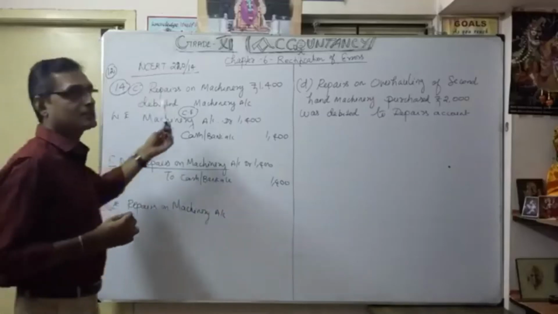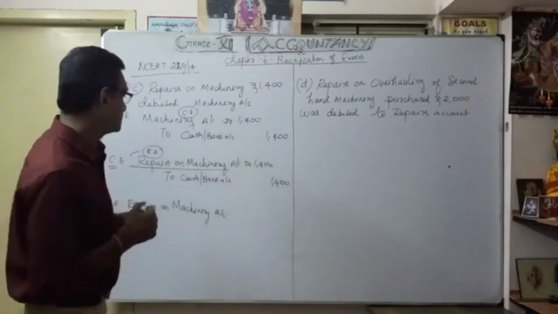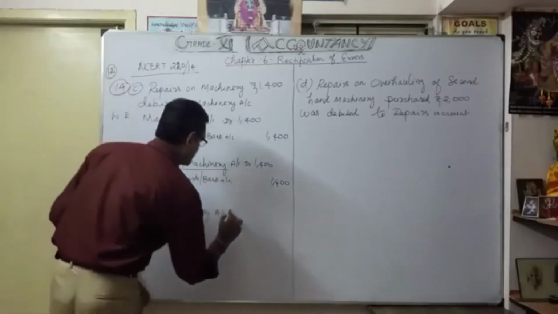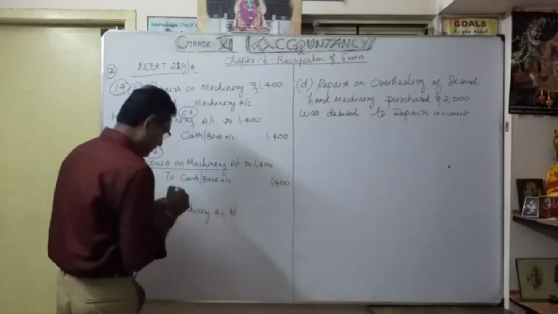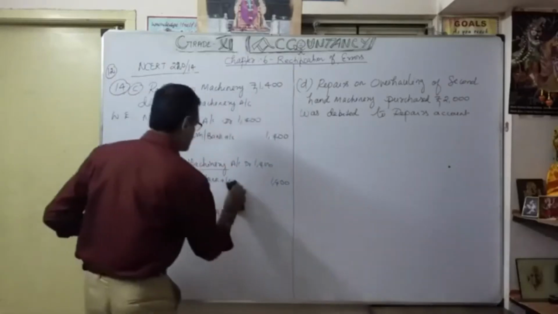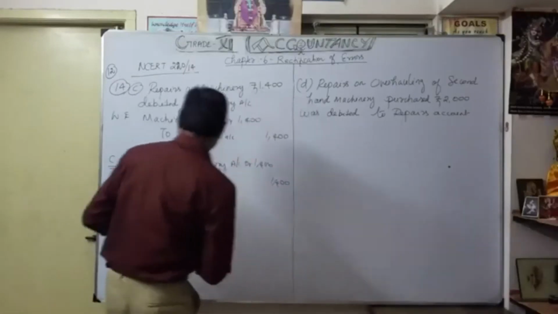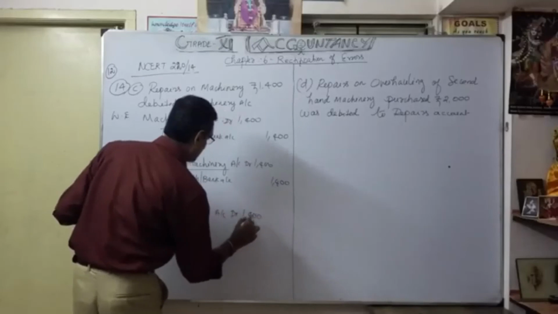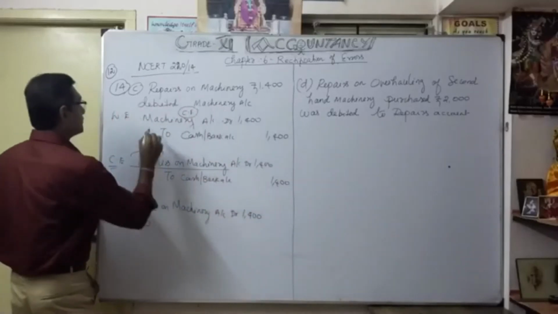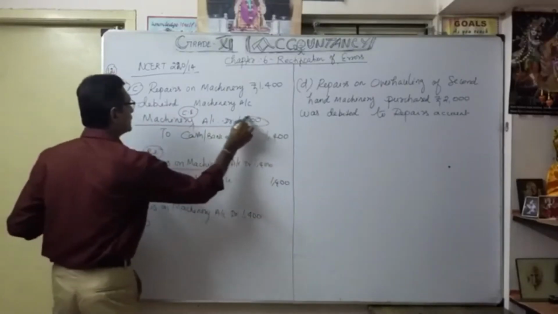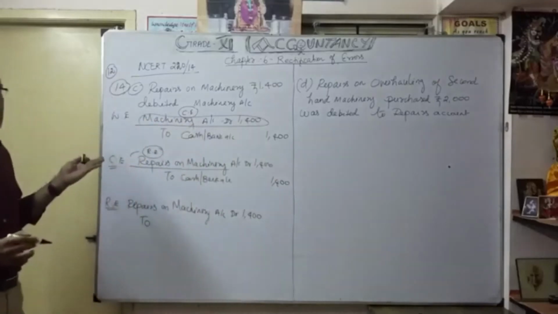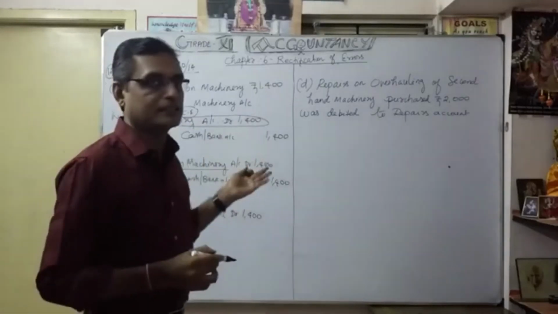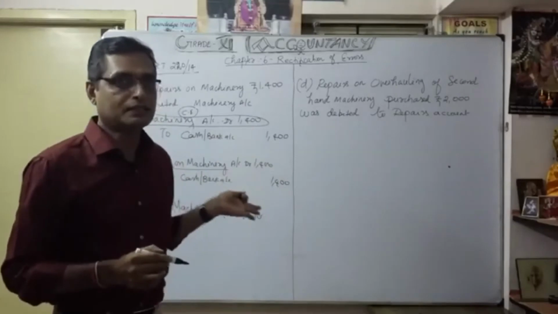That's why this error comes under error of principle. So repairs on machinery account debit 1,400 to, I am going to remove this, because it was wrongly debited earlier. They treated it as capital expenditure. It's not a capital expenditure, it is a revenue expenditure.